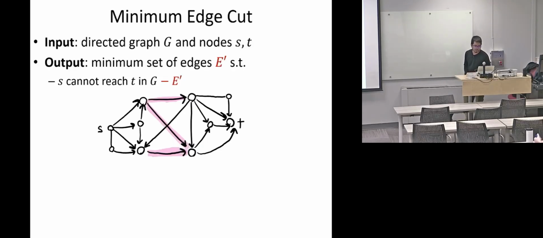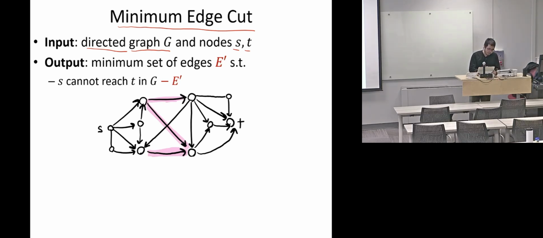The first problem is this: minimum edge cut. It's almost like min cut basically, but let me ask you. You have a directed graph, you have nodes S and T, and there is no capacity in the description of the problem.